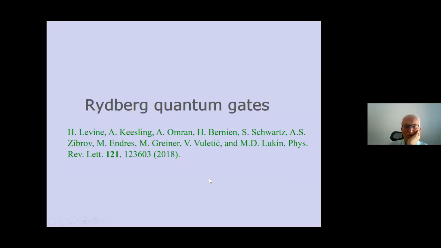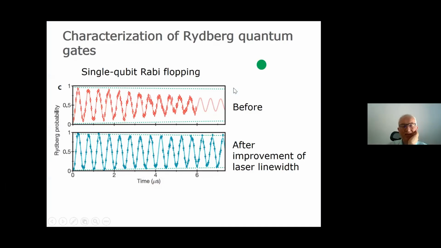So now we also investigated quantum gates. Here we just prepared 2 atoms, and we used the Rydberg blockade to prepare a Bell state of the atoms by trying to excite 2 atoms. First we optimized our single-qubit Rabi flopping. We took a single atom, or many copies of a single atom, and first observed Rabi flopping like shown here, with maybe 10 to 20 oscillations.